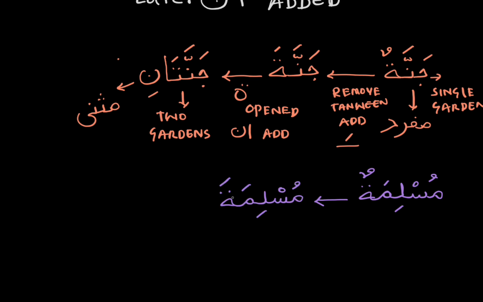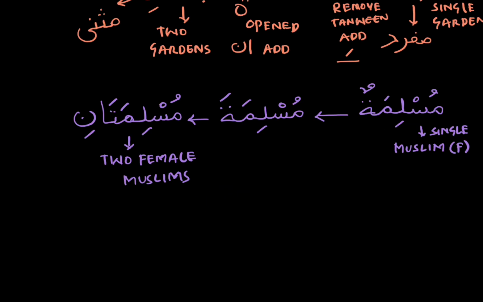Then the closed ta should be opened and alif noon should be added at the end. So it forms Muslimatani, that is two Muslims. Here you can see Muslimatun, a single female Muslim, and Muslimatani, that is two female Muslims. So we know the rule: remove the tanween, add fatha, then open the ta and add alif noon at the end.